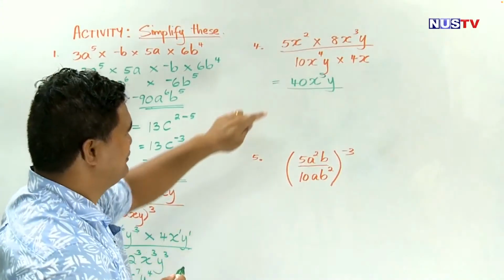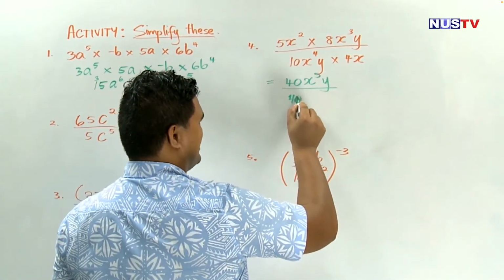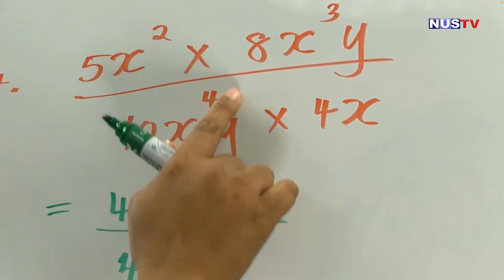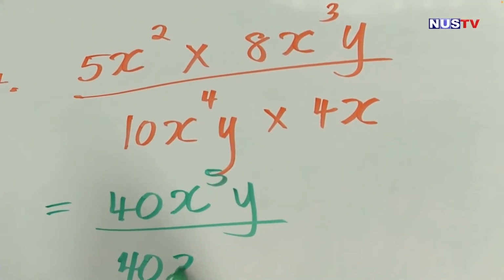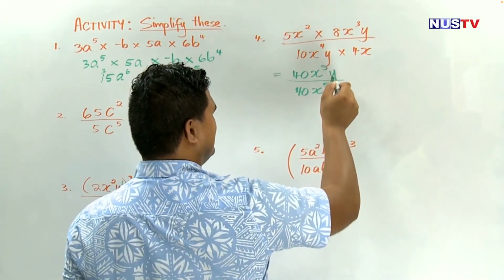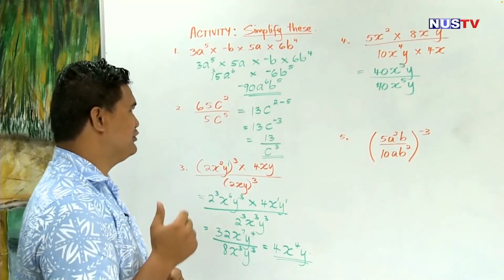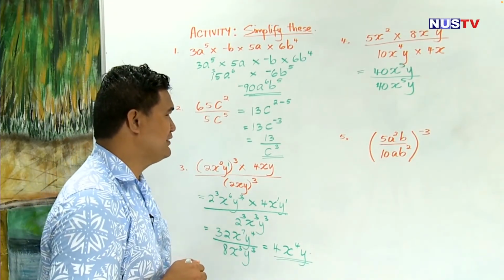The bottom part, we have 10 times 4, that will be 40 as well. x to the power of 4 times x here will be x to the power of 5 as well. And then y here we put down. So when you observe our steps there, the top one is 40x to the power of 5 y, all of that divided by another 40x to the power of 5 y.